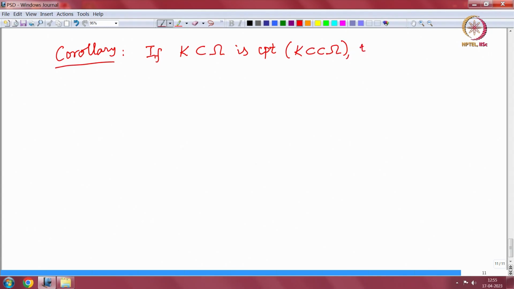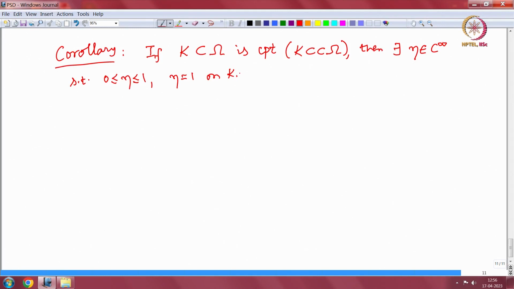Then there exists a C infinity function eta in Rn, of course, such that 0 is less than or equal to eta less than or equal to 1 and eta equal to 1 on K. The other things we need not state.